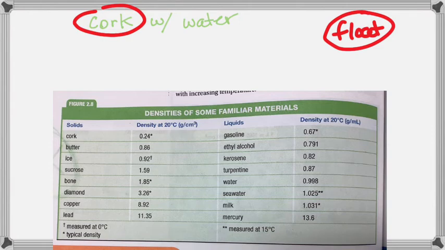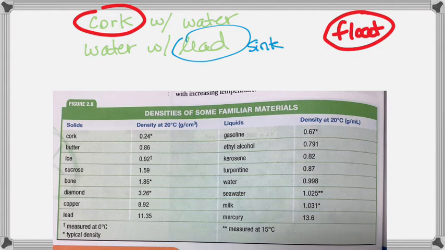If I go back and look at a couple other ones, how about water and lead. Water with lead. This is not so much a matter of floating because we know what's going to happen, but the lead will sink.